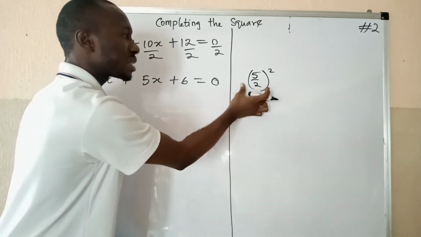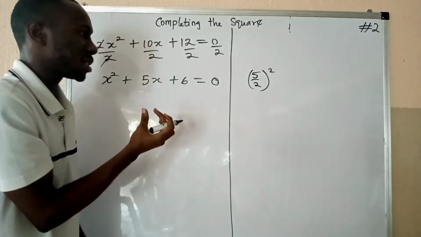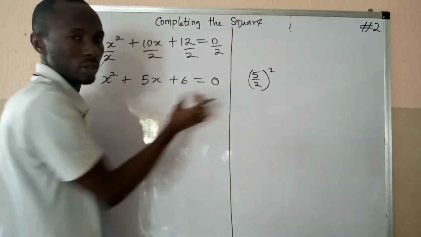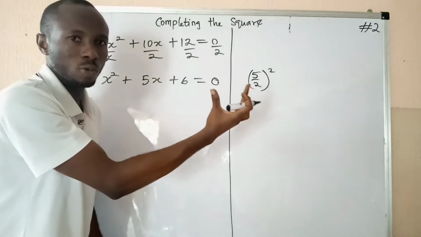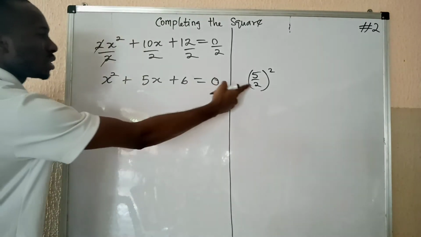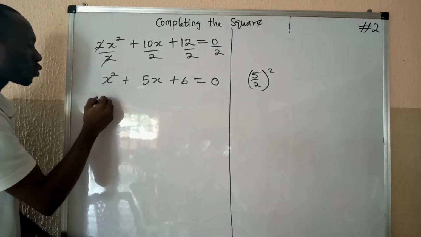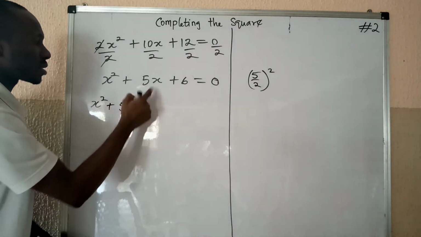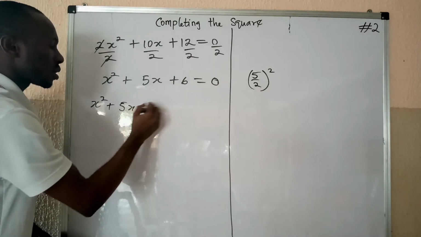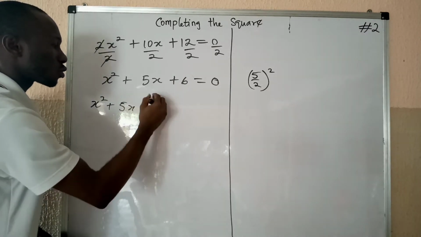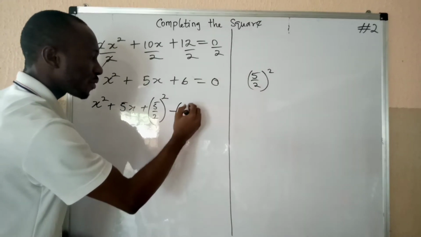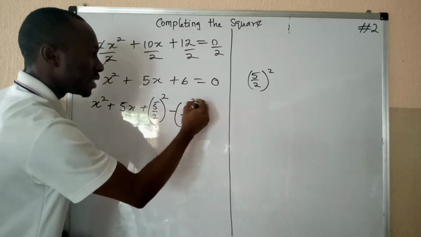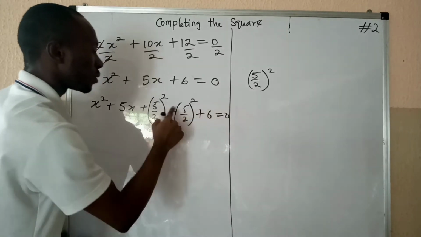So when we get this term, the natural thing we do with it is we add it to both sides of the equation. But I'm going to show you a step before adding it to both sides of the equation. Just watch. So with this term, I'm going to have x squared plus 5x, then plus (5/2) squared, then minus (5/2) squared plus 6 equal to 0.